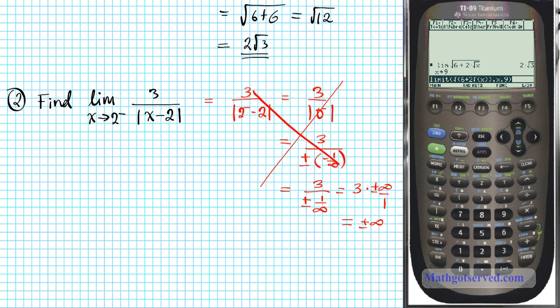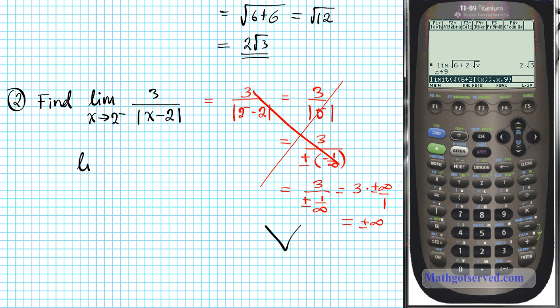Now, since we're approaching 2 from the left side, we know that the absolute value function has two different slopes or signs depending on the direction that you're coming from. If you're coming from the left direction, remember the v nature of this function, the slope is basically negative, right? So we're going to have a negative value in front here. So let's go ahead and simplify this.